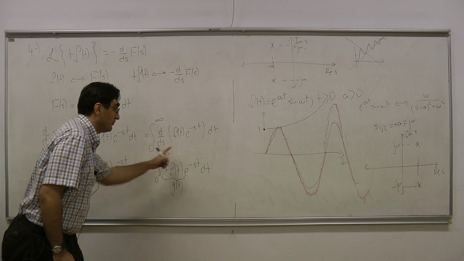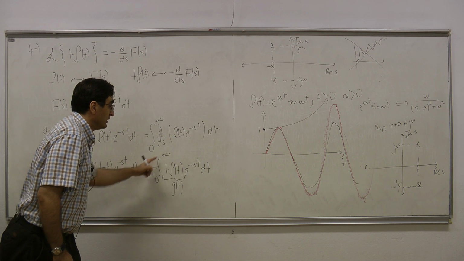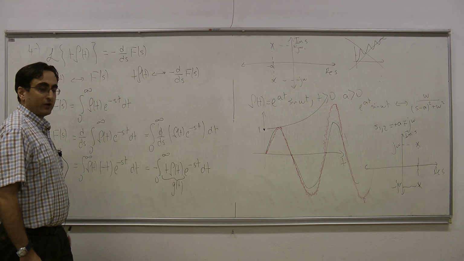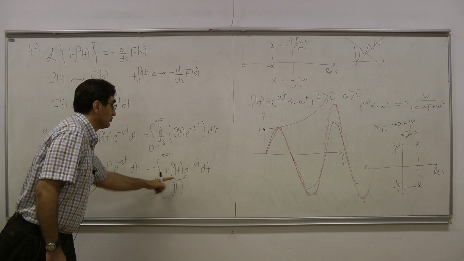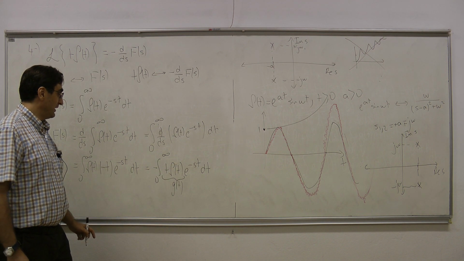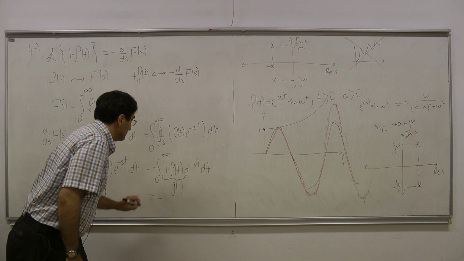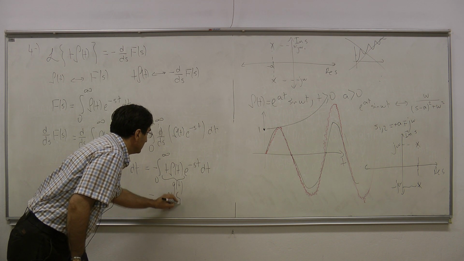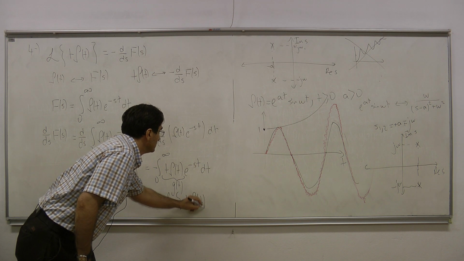Think about the definition of the Laplace transformation. This is the Laplace transformation of g of s. This is the Laplace transformation of t f of t. And therefore, here this is the negative Laplace transformation of t f of t.